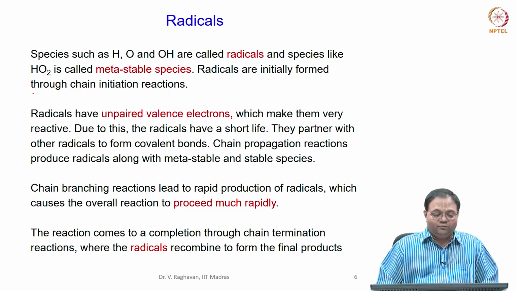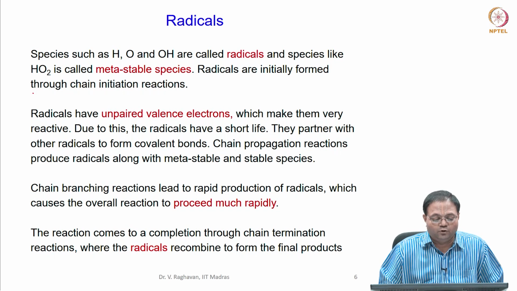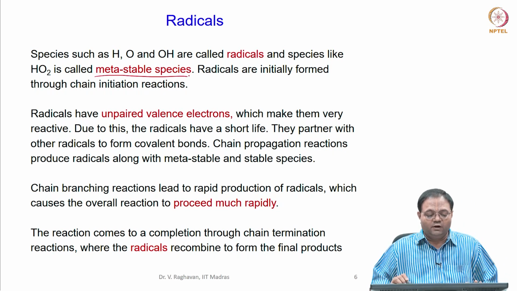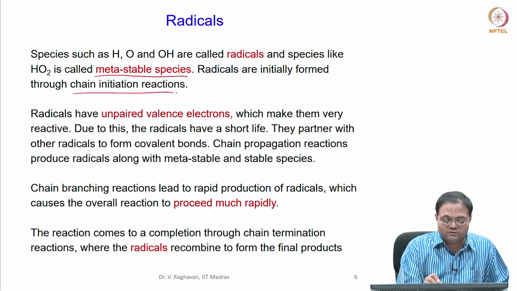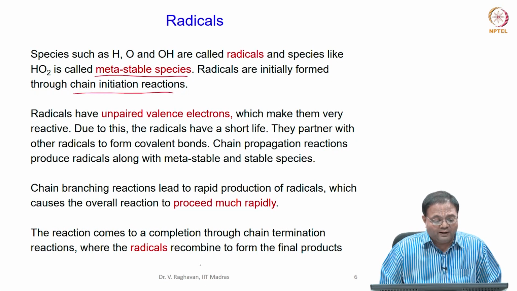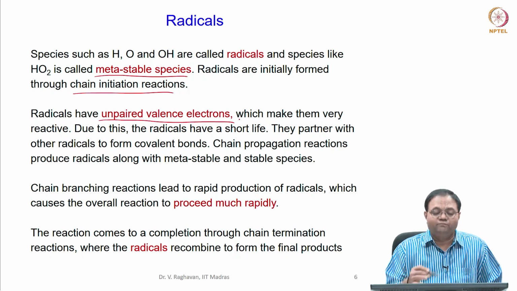Now, radicals. Species such as O and OH are called radicals, and species like HO2 are called metastable species. Radicals are initially formed through chain initiation reactions. So we have already seen that. Now, radicals have unpaired valence electrons, which make them very reactive.